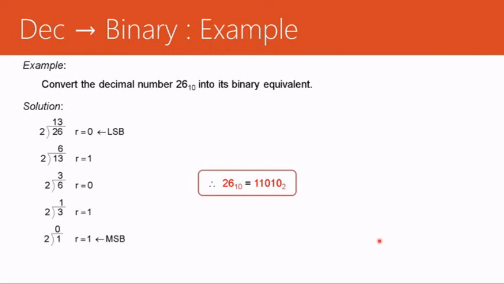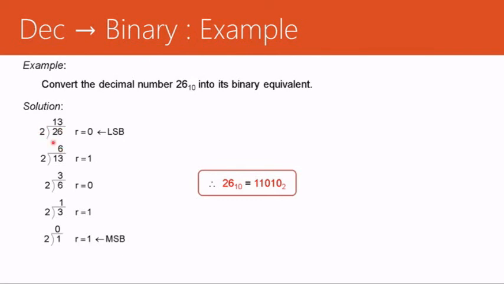So again, given a decimal number, we're going to convert it to binary. Convert the decimal number 26 base 10 into its binary equivalent. Again, we're going to divide 26 repeatedly by 2.